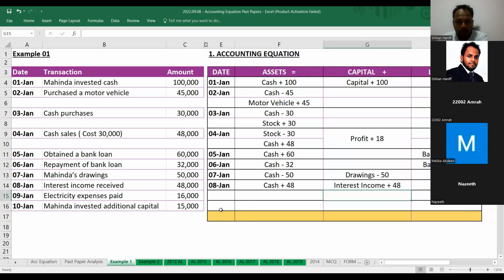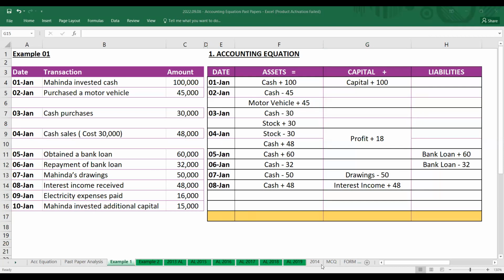Okay, complete the next two. Electricity expenses paid means cash will reduce and the electricity expense will reduce the capital, minus.